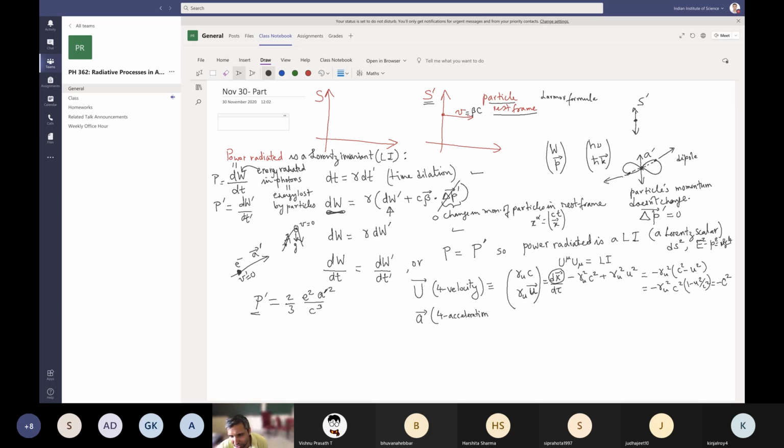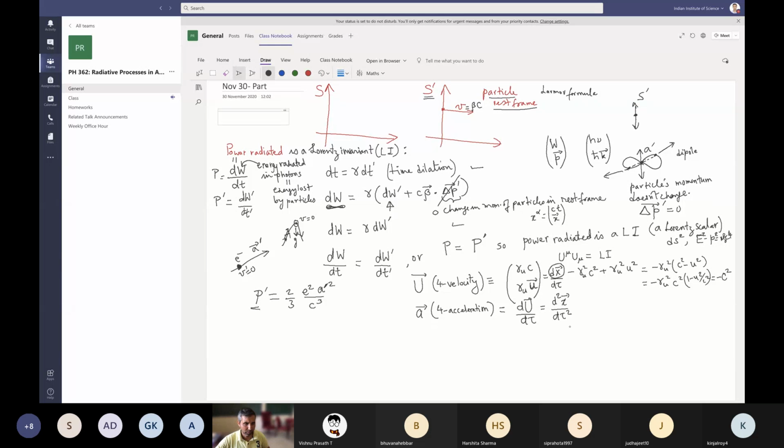So the ratio of a vector to a scalar is a vector. Similarly, this is equal to du by d tau. This is called the 4-acceleration, which is nothing but d2x by d tau squared.